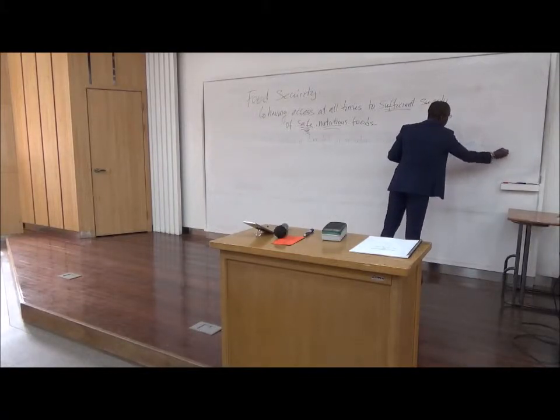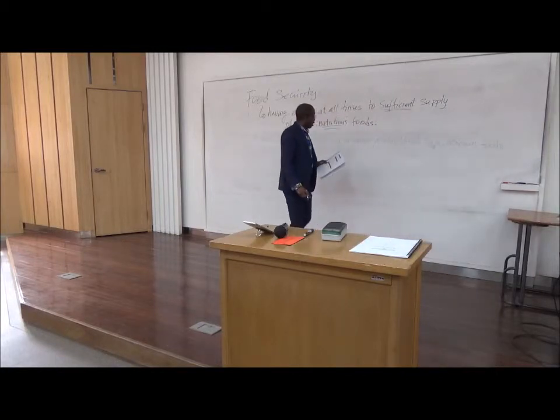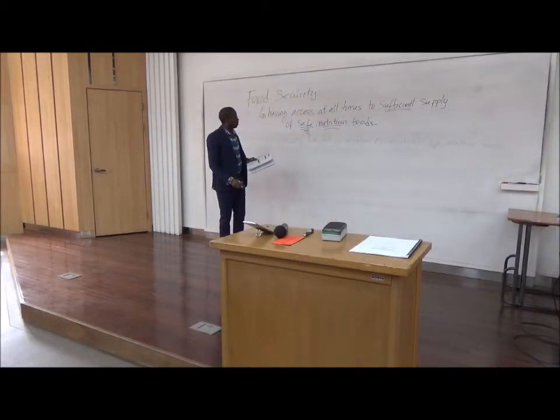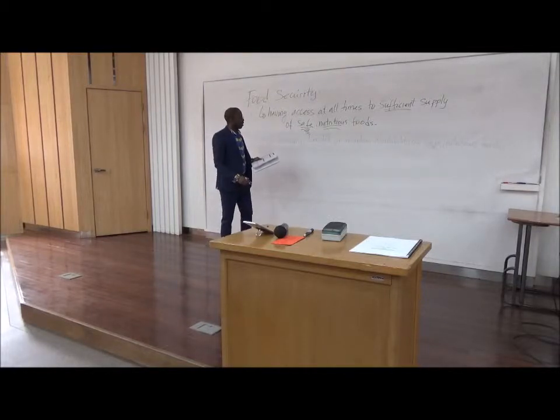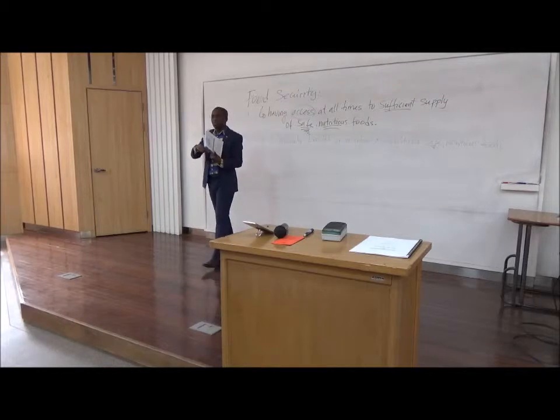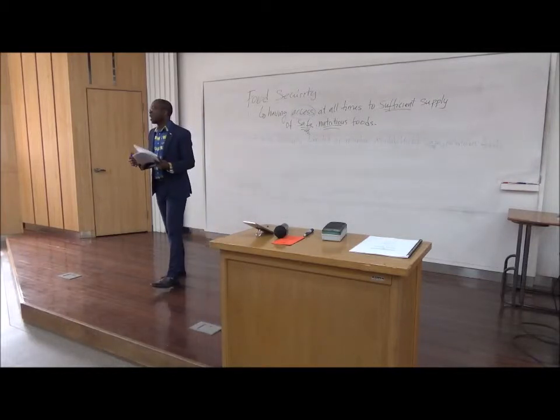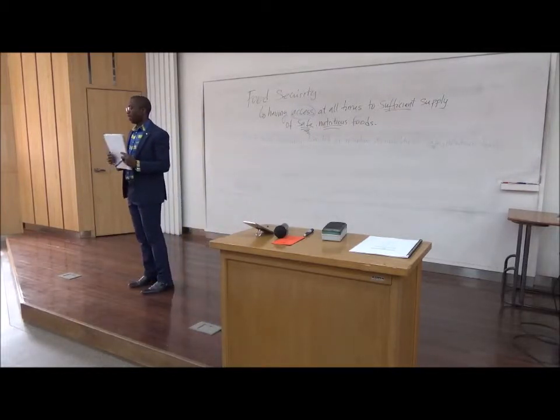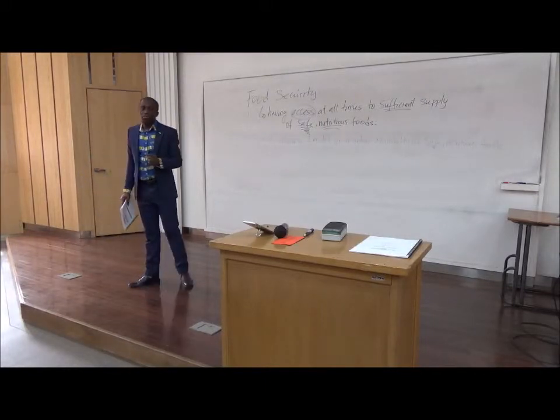Okay, guys? So, when you look at it, the keyword I was looking for here is access. How do I have access to food? All right? How do I have access to food?